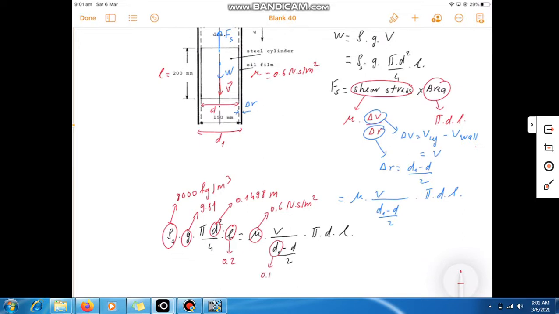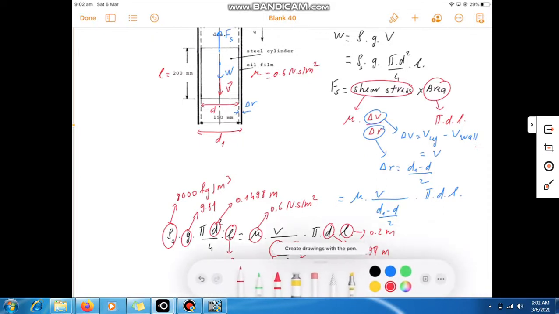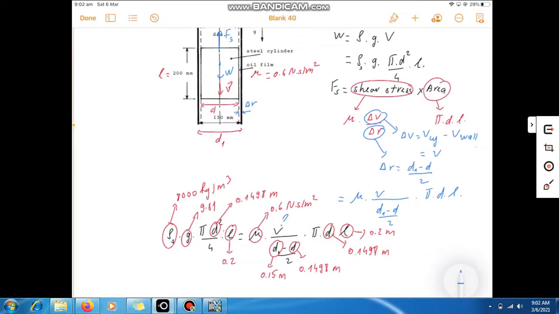The oil viscosity is 0.6 Newton second per meter square. D1 is 150 millimeter or 0.15 meter. The diameter d is 0.1498 meter, and the length is 0.2 meter.